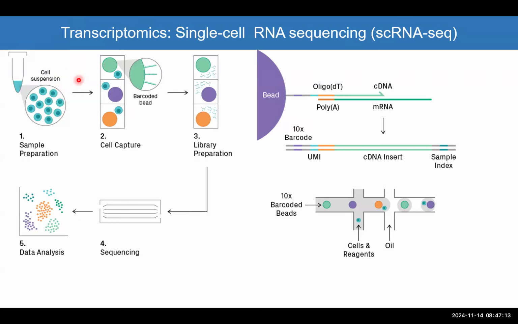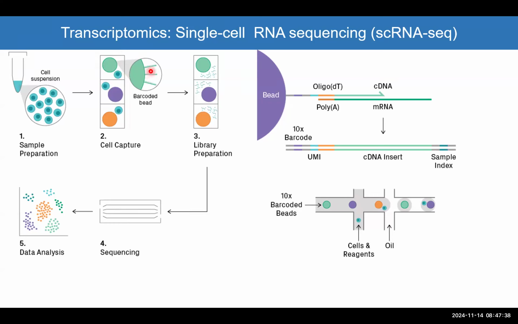Then we perform the platform I'm showing you right now, the 10x Genomics. It's called 10x barcode here. The company is called 10x Genomics. There are others, of course. The way it works is each cell, so here there is a representation of 3 different cells, is encapsulated with a barcoded bead.